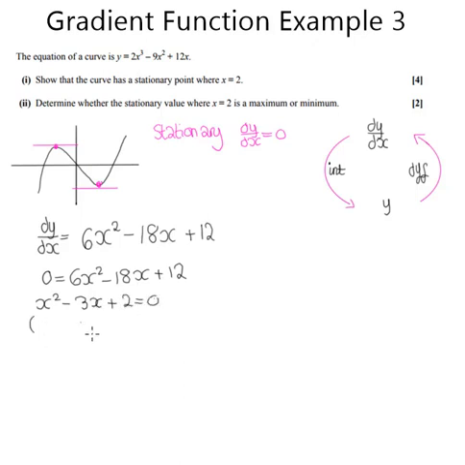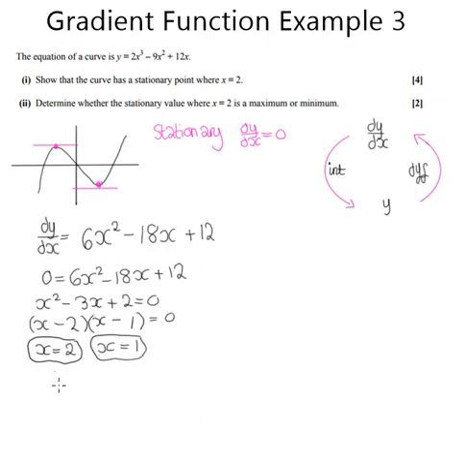And upon factorisation, I'll have an x, a 2 and a 1, and they're both going to be negative, giving me the answer of x is equal to 2 and x is equal to 1. So as you can see here, a stationary point is at x is equal to 2, which is what is asked in the question, but we've also found another stationary point at x is equal to 1.